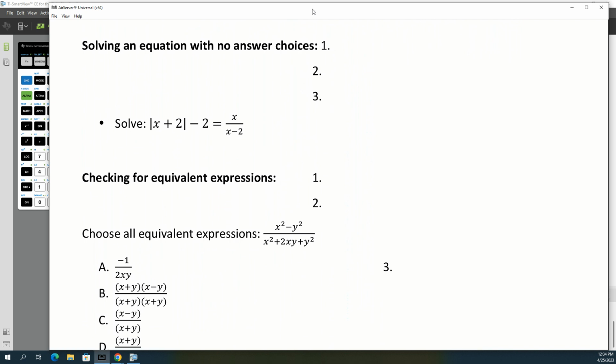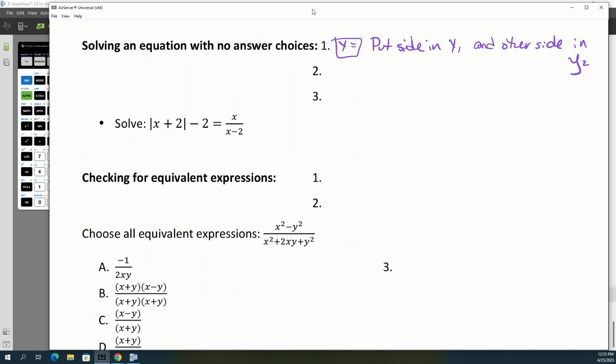So what you're going to do is go to y equals, and then you're going to put one side in y1 and the other side in y2.